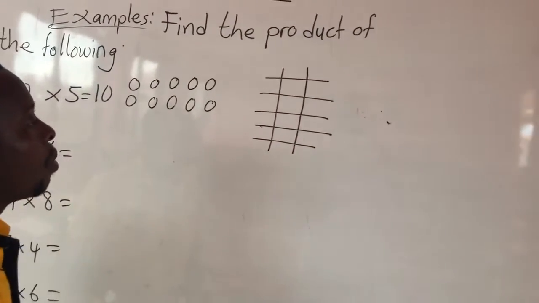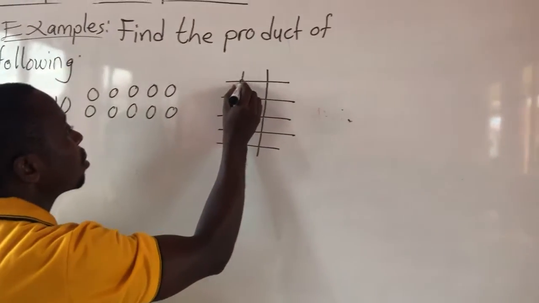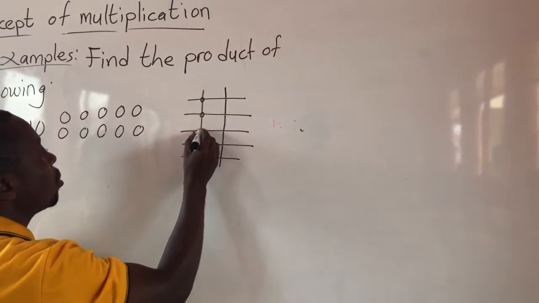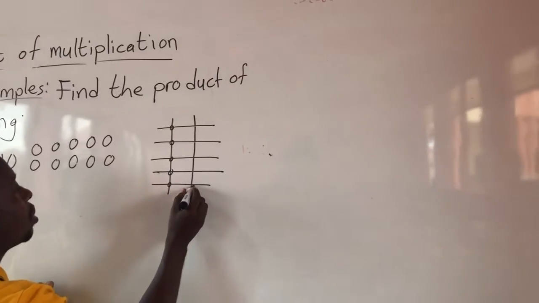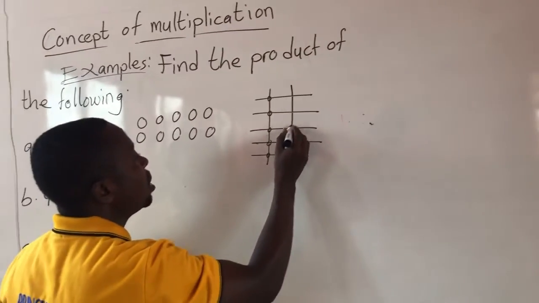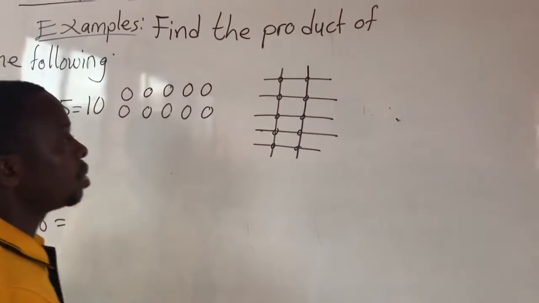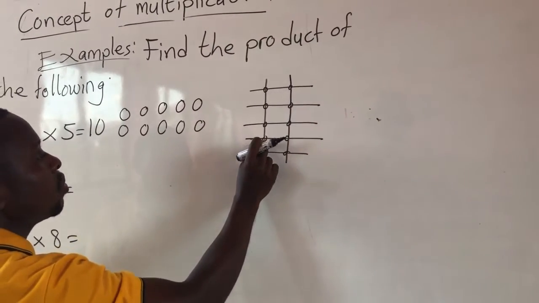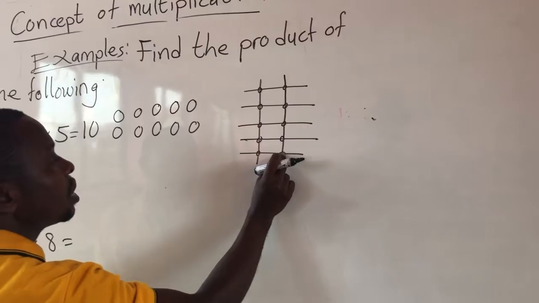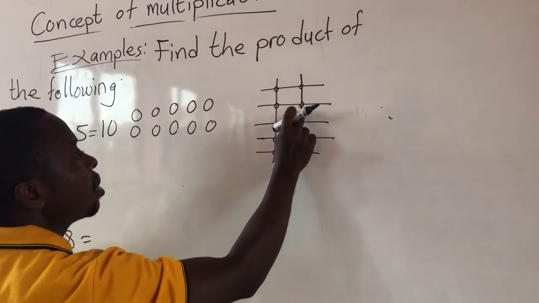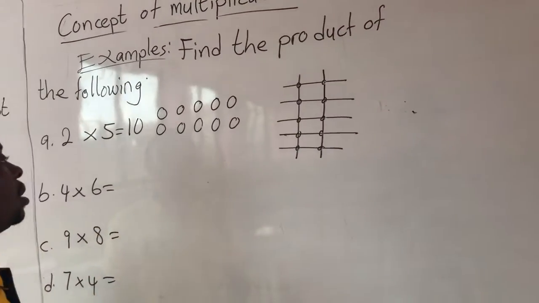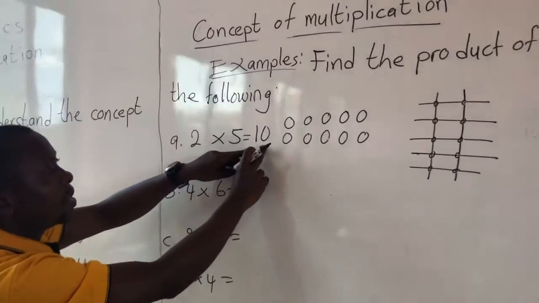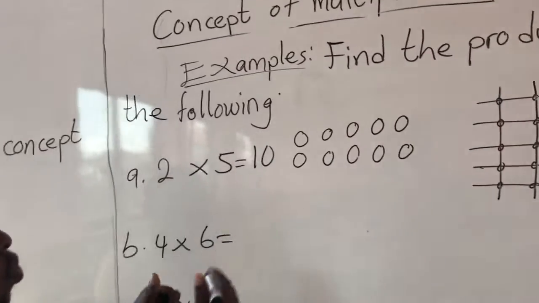Now, we are going to count only the joints. So let's look at it. We have 1, 2, 3, 4, 5, 6, 7, 8, 9, 10. You see that we have the same answer as when we continue to add.